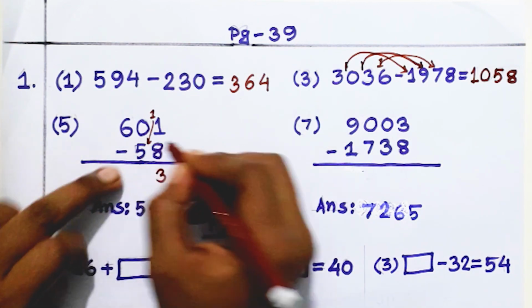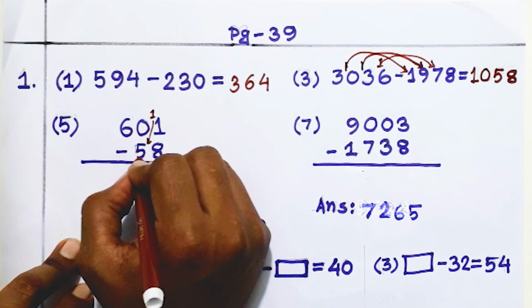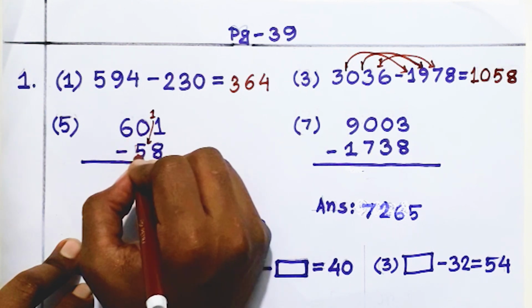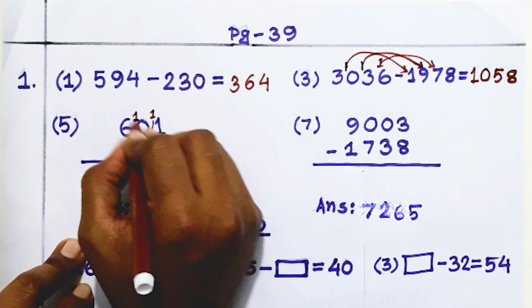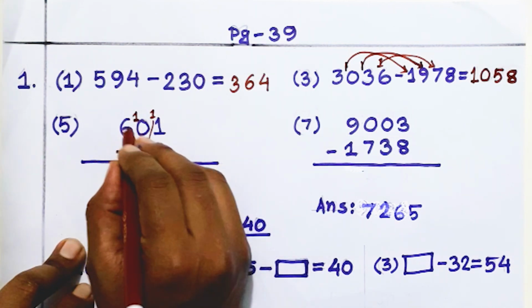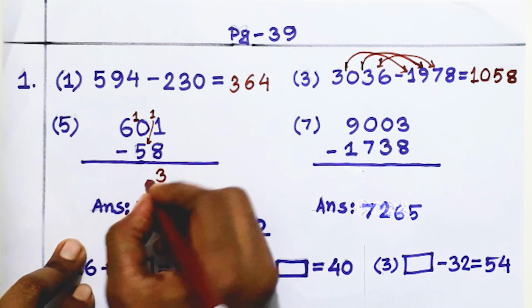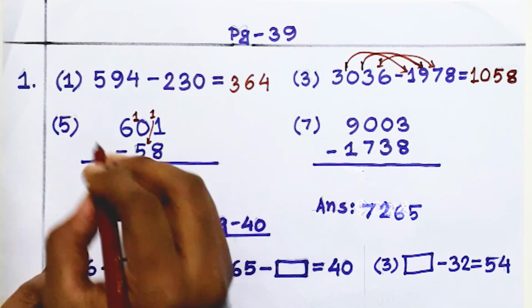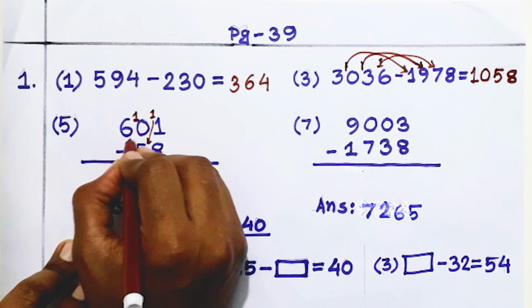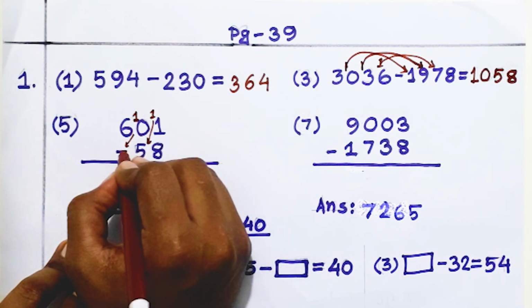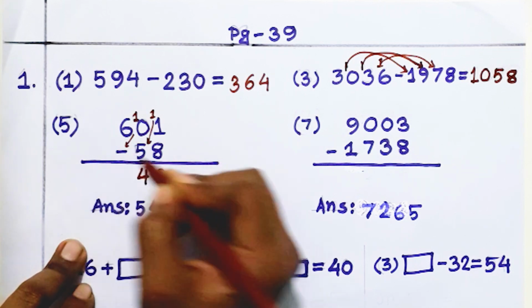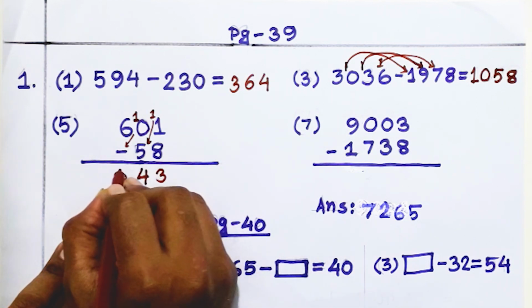It will make 6 and here is 0, here is 6. 0 is less than 6, so we will count here again another 1, then it makes 10. 10 subtracted 6 is equal to 4. Then this one came here. Here is nothing, 0. So 0 plus 1 is equal to 1. 6 subtracted 1 is equal to 5.